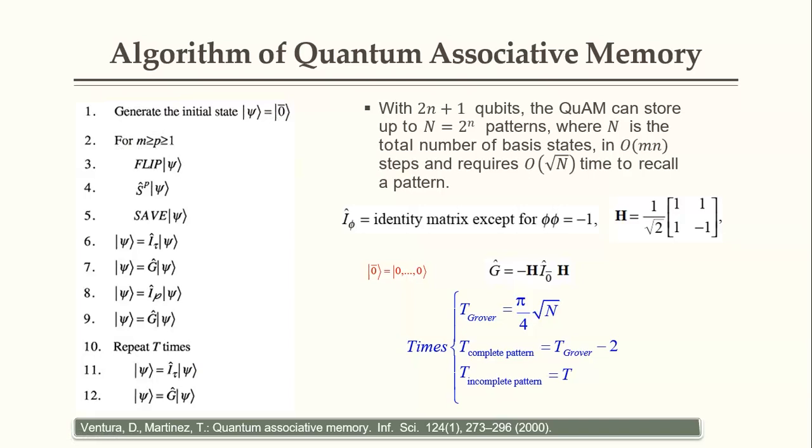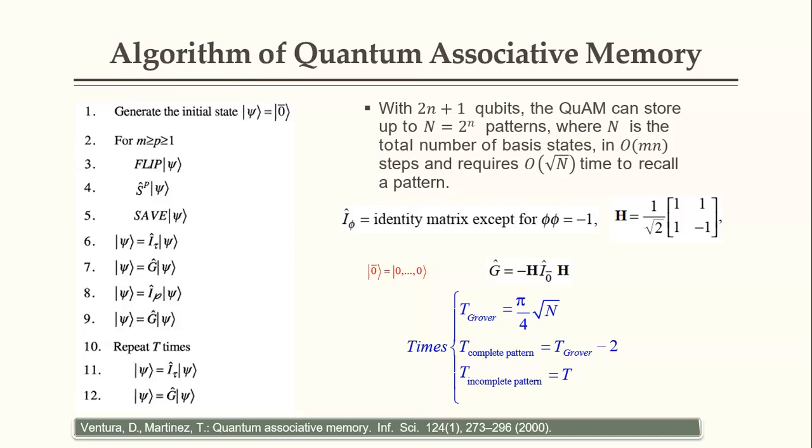Then this for m greater than or equal to p greater than or equal to 1. This is the mapping function, an operation to encode a memory pattern into a quantum state. This step loads the data, like a pattern or feature vector, into the quantum system, preparing for further operations.